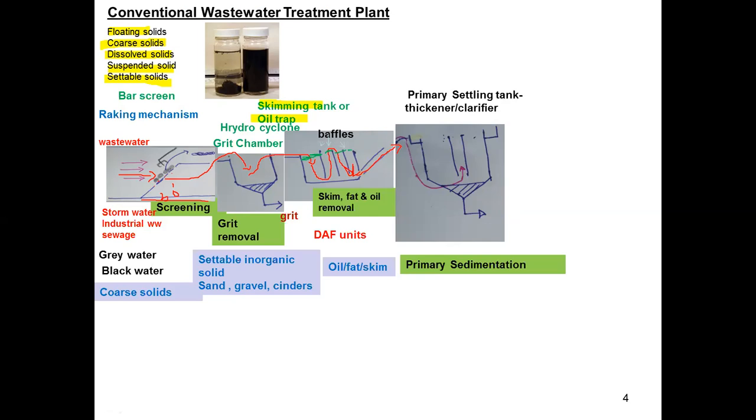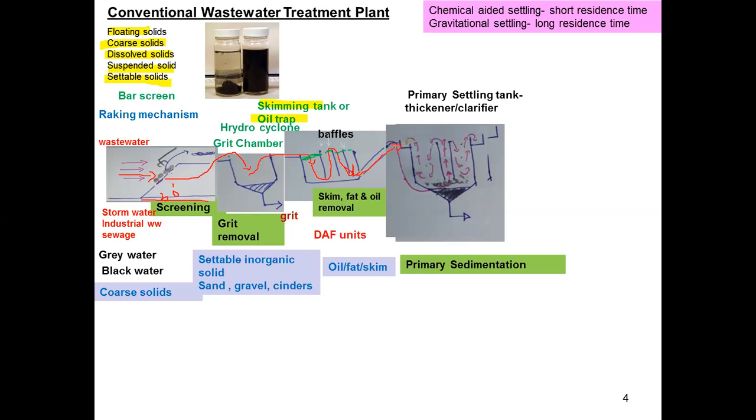When we talk about sedimentation, there are two types of equipment: clarifiers and thickeners. But in this case we use a clarifier because we want to take clarified water. Here the suspended particles or colloidal particles are settled down and they are taken as sludge from the bottom of the tank.